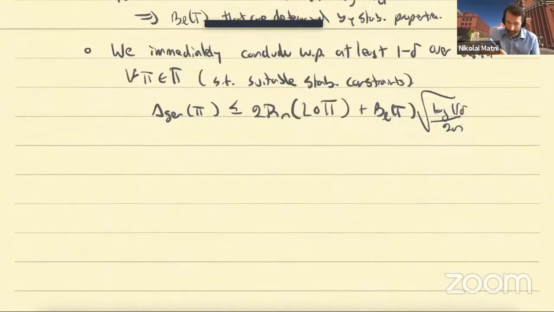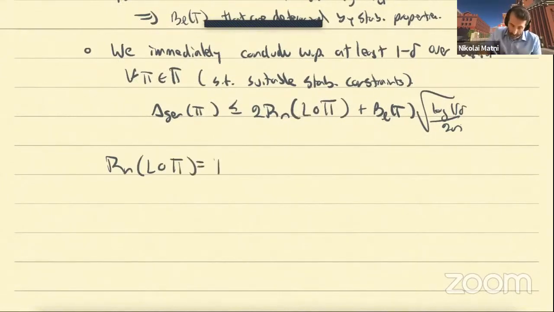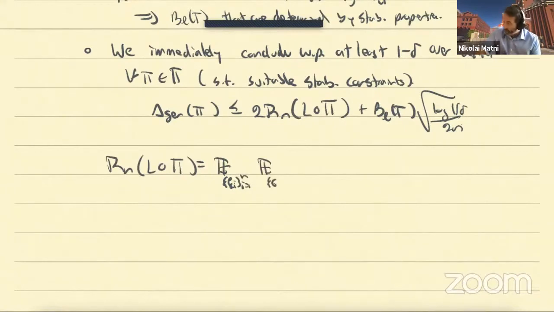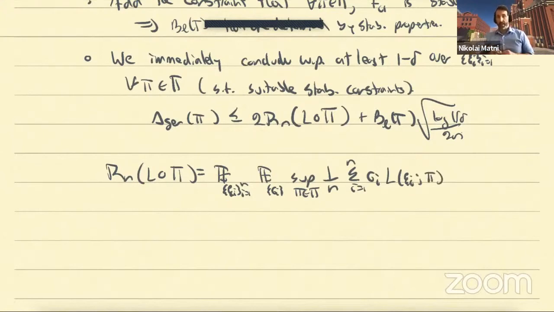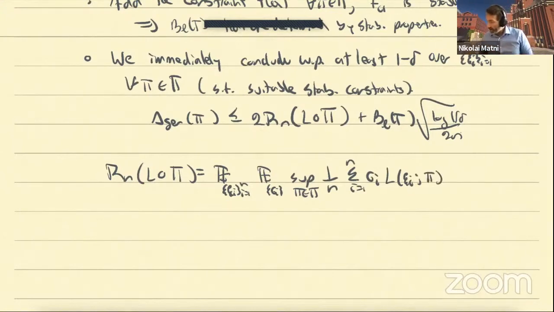Now, what we're defining here is the Rademacher complexity, the suitable analog to what we had previously. This is given by the expected value over initial conditions, expected value over Rademacher variables, the supremum over pi and pi of this Rademacher flipped empirical loss function. Right, so it's a very natural extension of what we did previously.